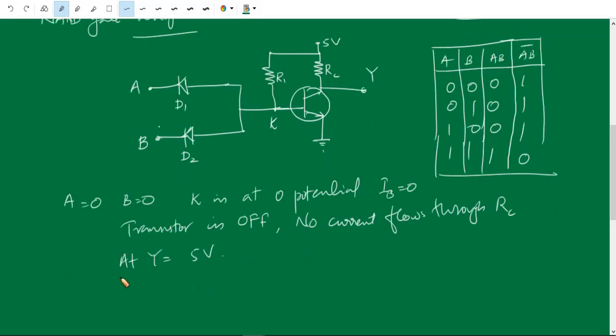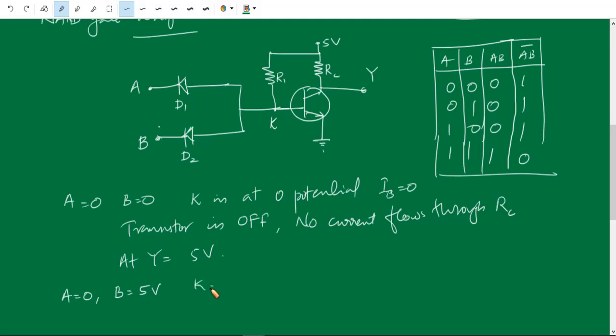Next, when A equal to 0, B equal to 5 volts. High voltage, for B, 1 means high. That means for positive logic, 1 is 5 volts. With this combination, since A is 0, the diode D1 is forward biased, therefore K is at 0 potential.